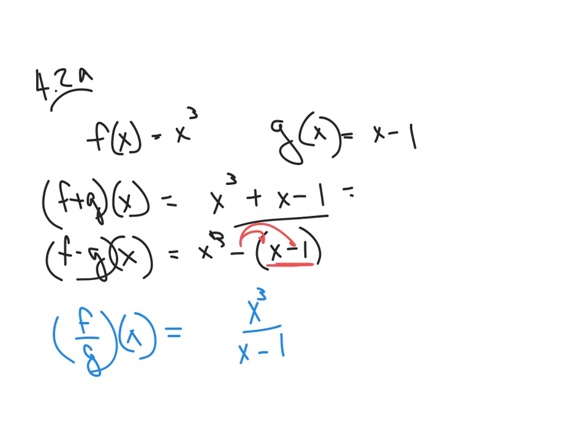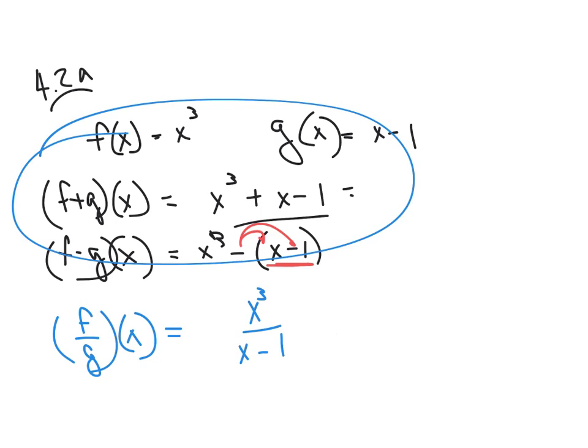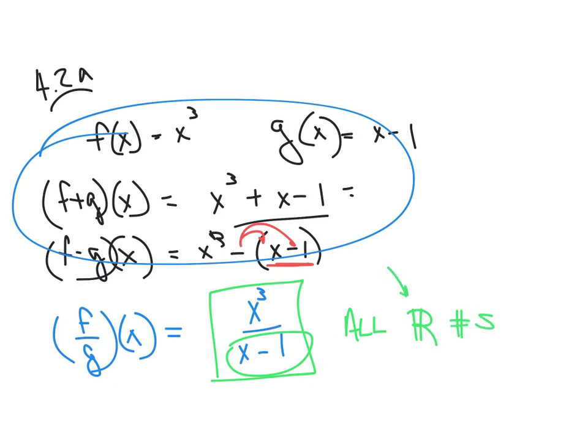Now, one of the things they are specific on is the denominator, okay? Because the denominator cannot equal 0, or the whole thing is undefined. So when you get a fraction or a division like that, you write it like I have there, and then you say all real numbers, that this symbol there is my symbol for real numbers, except 1.